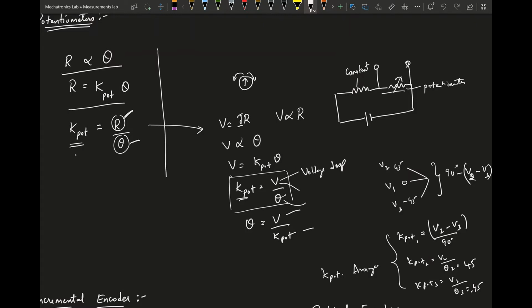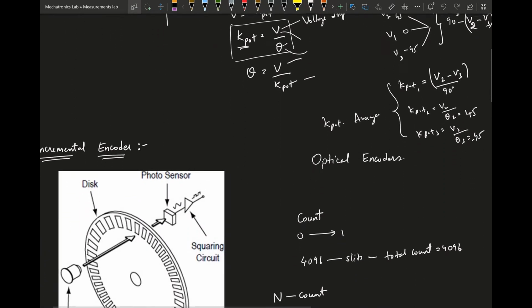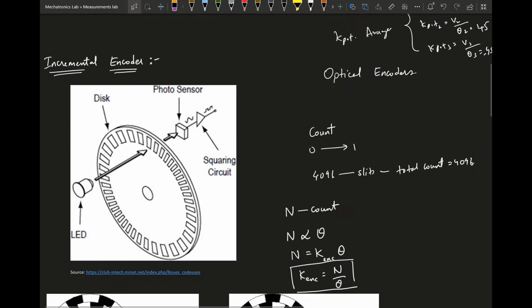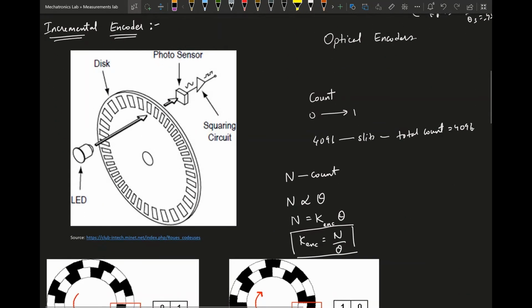So yeah, that's one of the ways to find out the angle of a moving object using a circuit. So the other way is to use encoders. So there are different types of encoders, but for this, we'll be using optical encoders.